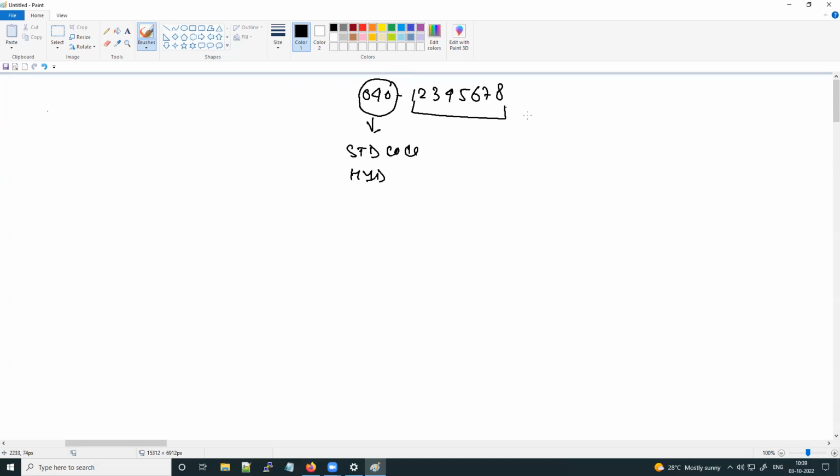And this is the subscriber number. In that also, let's suppose the starting three belong to Madhapur, and these two belong to some high-tech city, let's suppose, and this last three is your number.